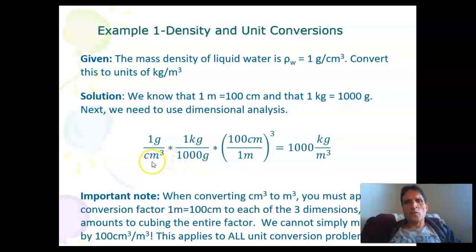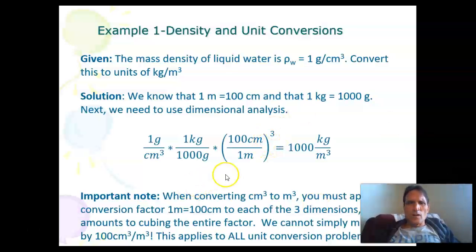The next thing we need to do is get rid of cubic centimeters, and we need meters cubed in the denominator. So we're going to use our conversion between meters and centimeters: 100 centimeters is 1 meter, and we apply that factor. Now, one common mistake that students make is they say 1 meter cubed is 100 centimeters cubed. No, that's not true. You need to cube both dimensions, so we take this conversion factor, 100 centimeters is 1 meter, and we cube it because we have to apply it to all 3 dimensions.